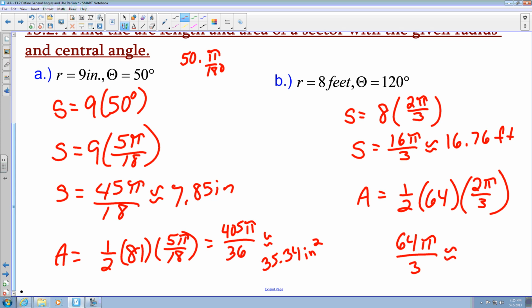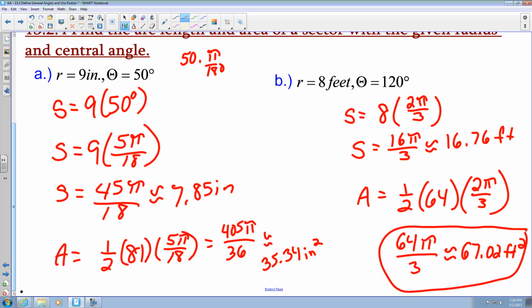If I'm looking for an approximation, that's about 67.02 square feet. And that is how to define general angles and use radian measurement. Hope this helps. Till next time.